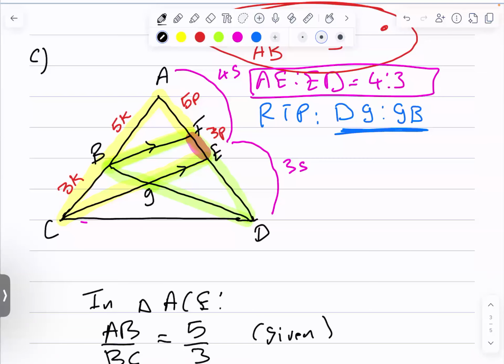Because we were given a ratio for AE, and we can see that AE was separated by a parallel line. So we got two sides inside of AE. Those two sides, when we combine them, must give us AE.